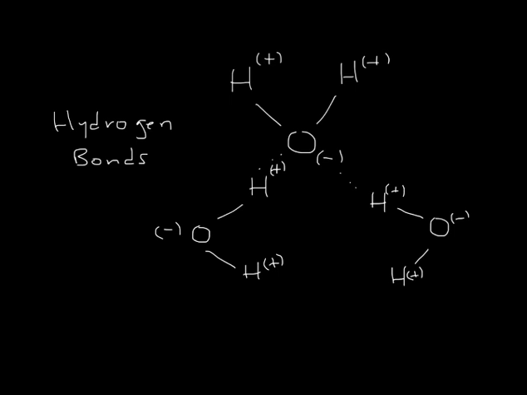These weak attractions cause what are known as hydrogen bonds. Hydrogen bonds cause water molecules to stick together and also hold together molecules like amino acids in proteins and also DNA molecules.